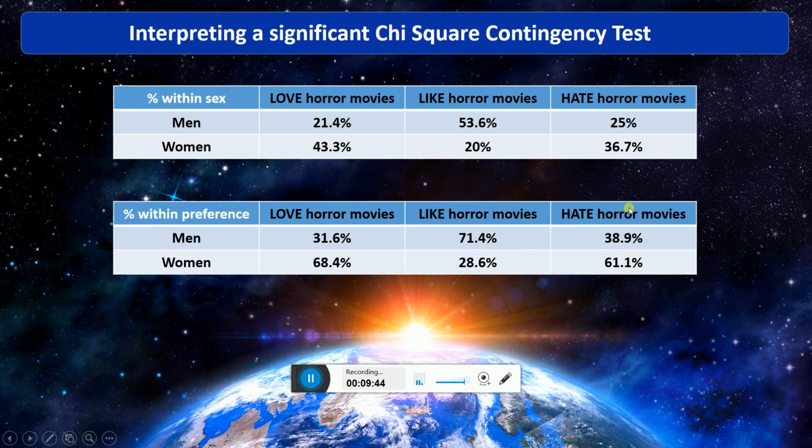And then finally we would say among those people who hate horror movies, in other words, among those within the hate horror movie group, the majority are women. So it appears that among the people who love horror movies and hate horror movies, the majority are women. And among those who like horror movies, the majority are men.